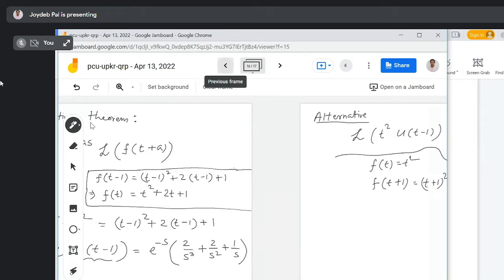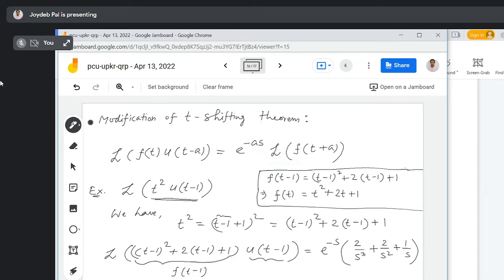So if the function is not given initially in the form f(t minus a) u(t minus a), rather it is given in the form f(t) into u(t minus a), you apply the modification of t shifting.